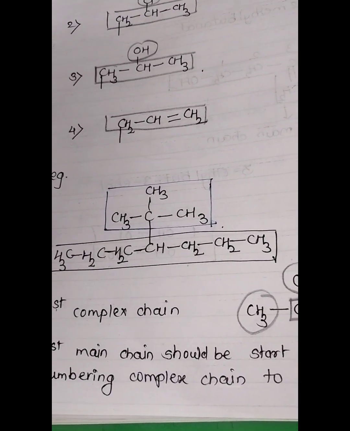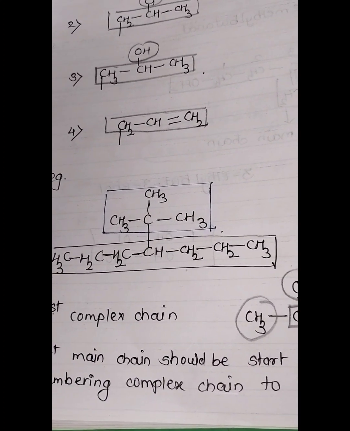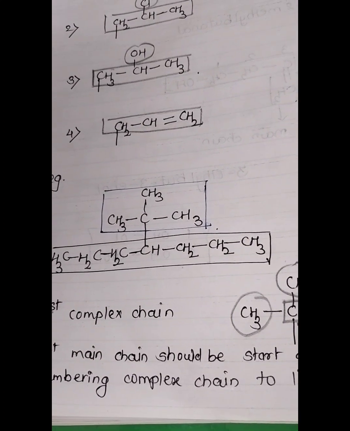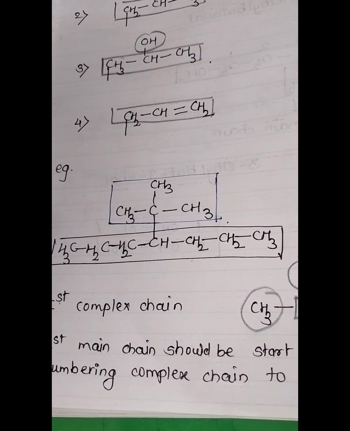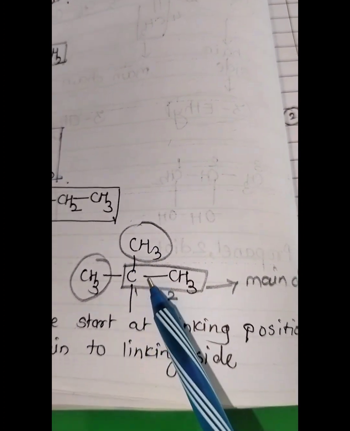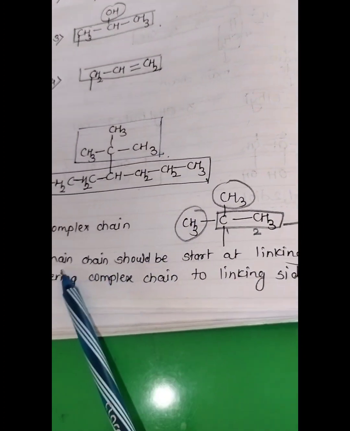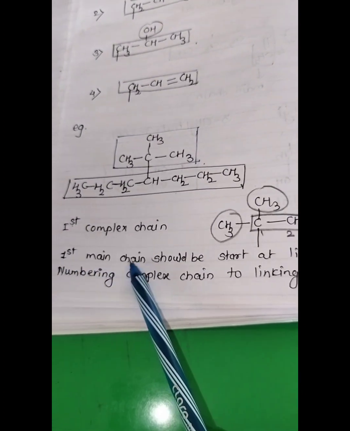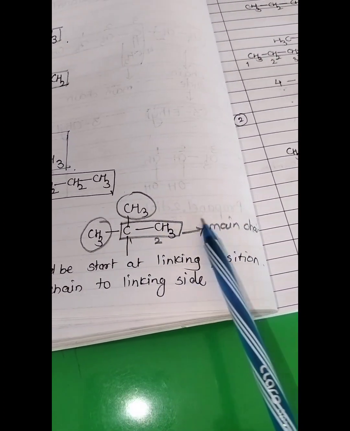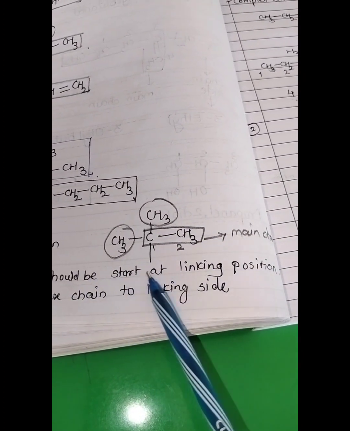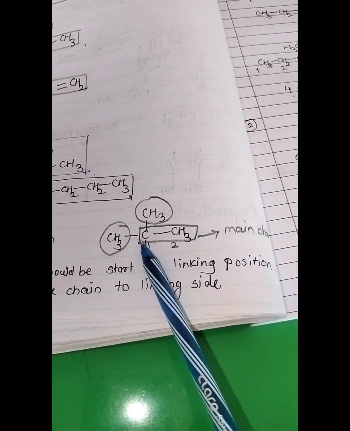in this example we can see that a complex chain is present and a main chain is also present. So first we number the complex chain. This is your complex chain, and the main chain should start at the linking position.